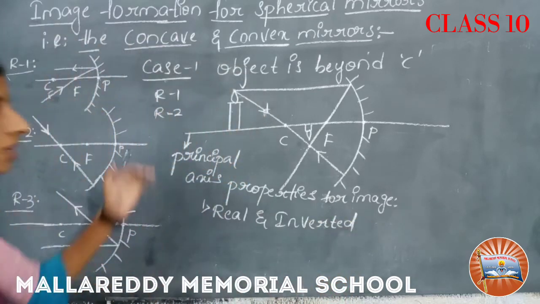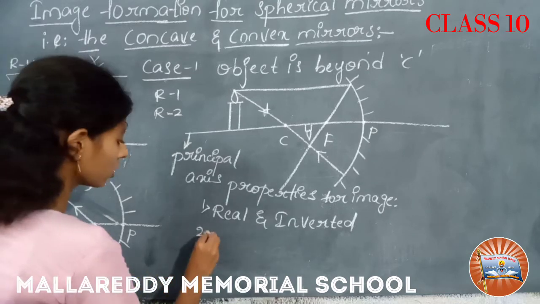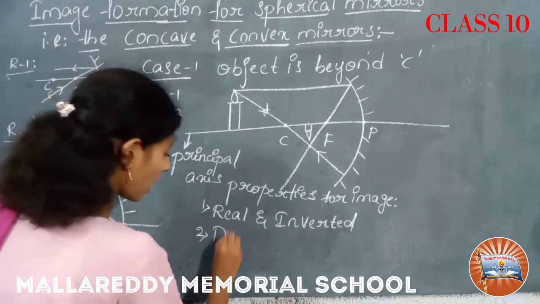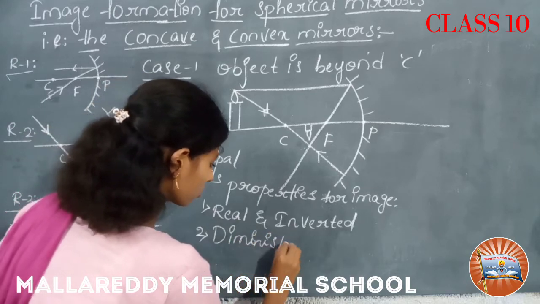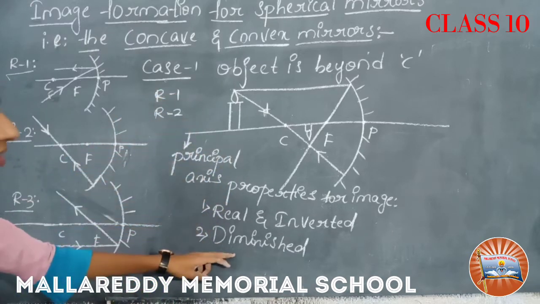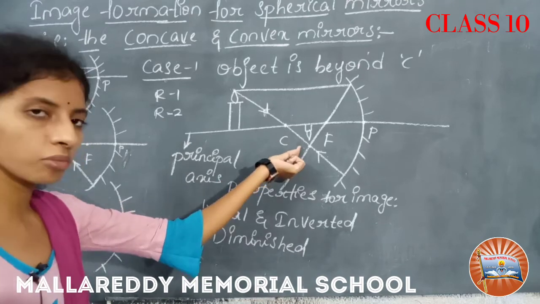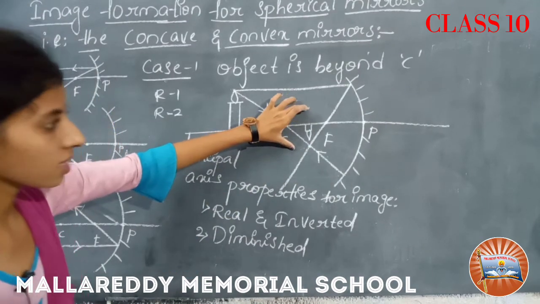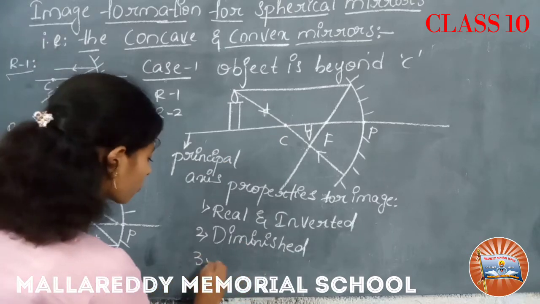Right? This is a real image and it is inverted here. And here it is diminished. Diminished means when we observe the object, the image size is very small. So that's why we say it is diminished.